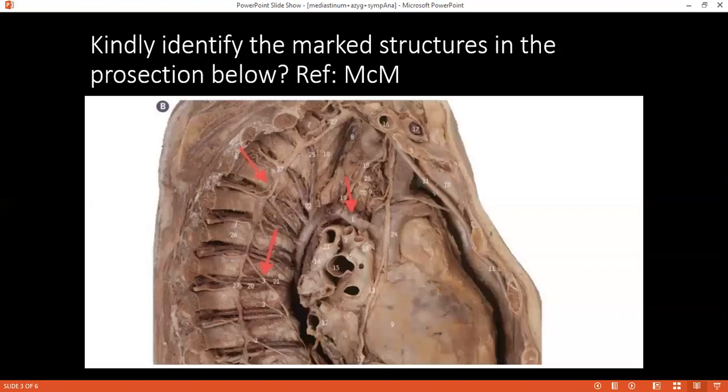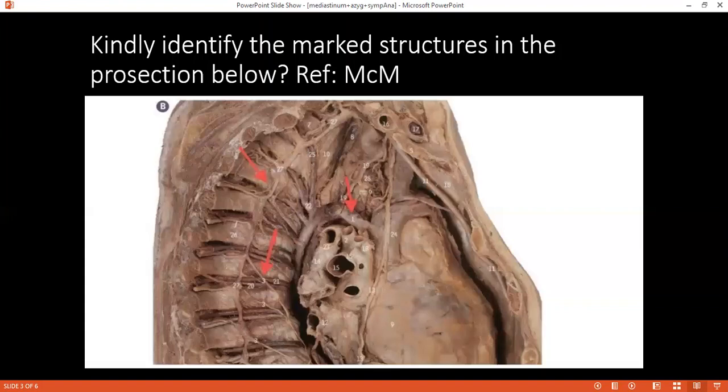Can you please tell me the extent of the mediastinal pleura? It extends superiorly above the first rib, and it can be identified by surface marking from the sternoclavicular joint in a curved line up to a point around 3 centimeters above the medial part of the clavicle.